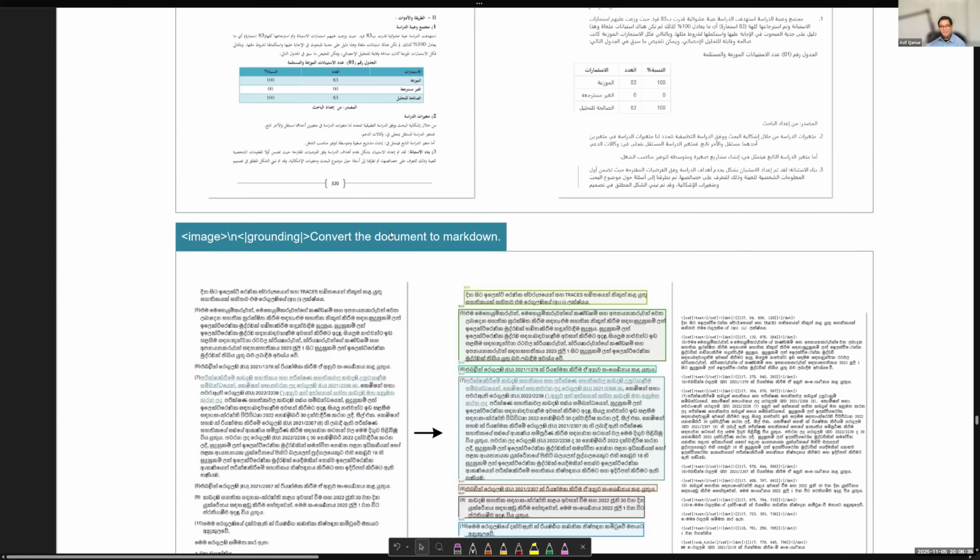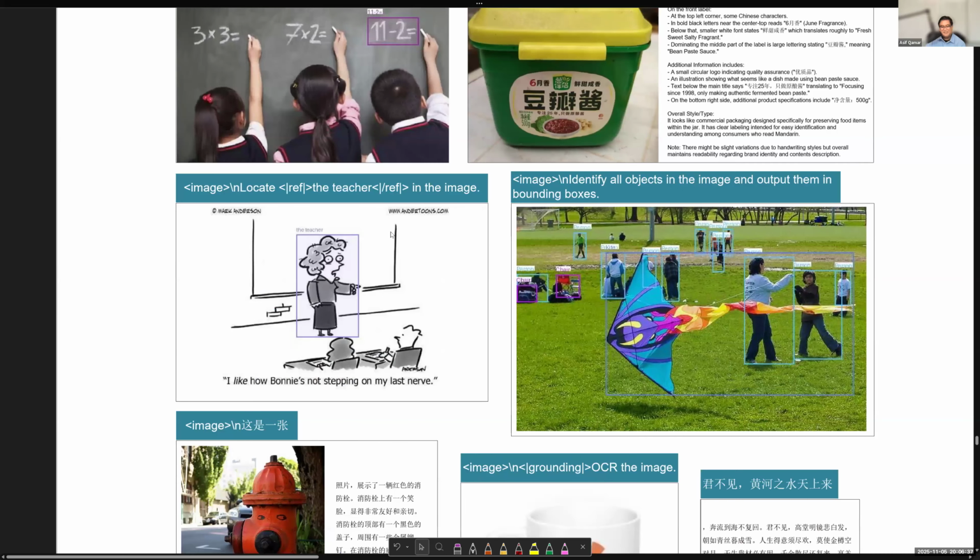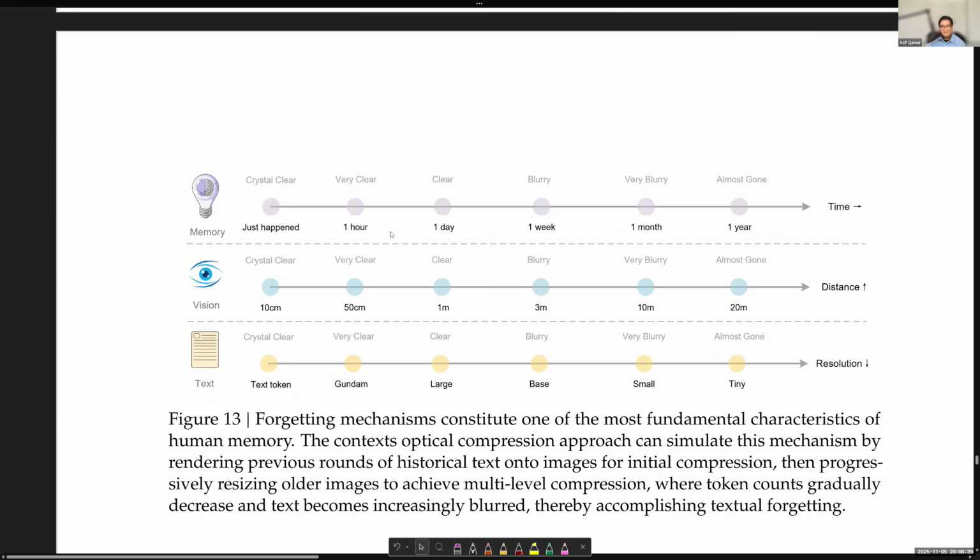The only part of the paper that I personally felt was hand waving is this whole idea, figure 30, in which they said, what we can do is the more that you go into the past, the blurrier, the lower resolution, we can make the image.